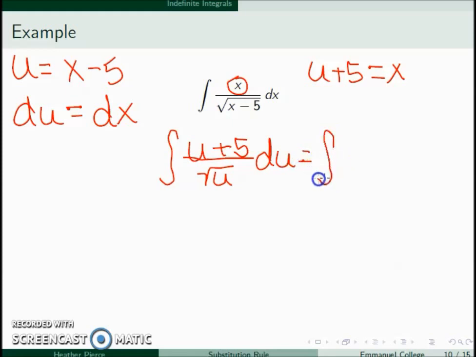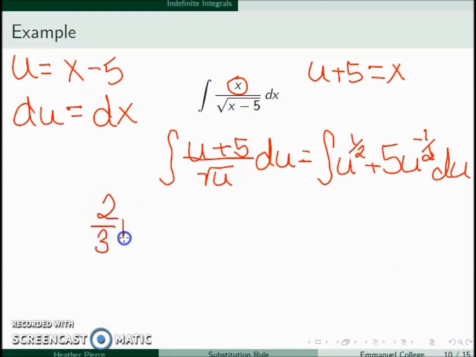Simplifying this, I get the integral of u to the 1/2 power plus 5 times u to the minus 1/2 du. So adding 1 to the exponent gives me 3 over 2. So I have 2/3 u to the 3 over 2. Adding 1 to the second exponent gives me 1/2.